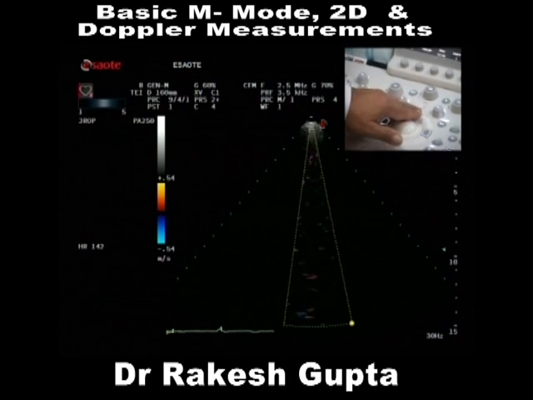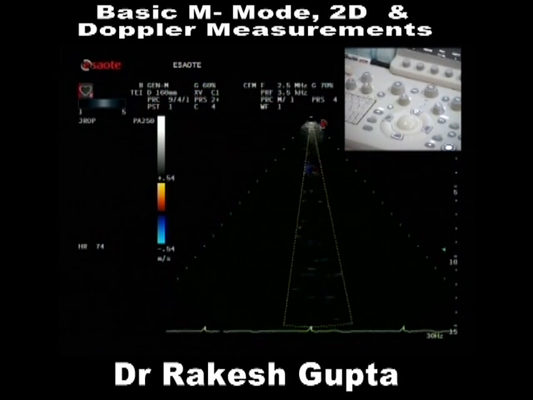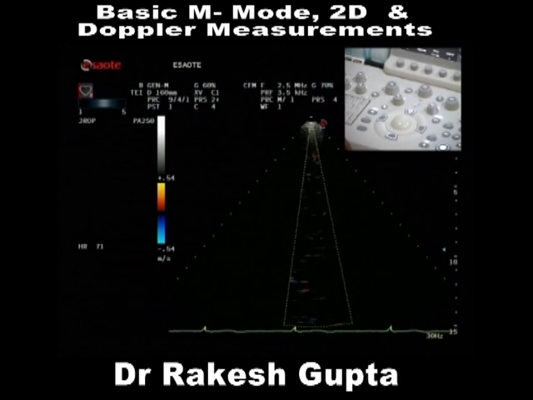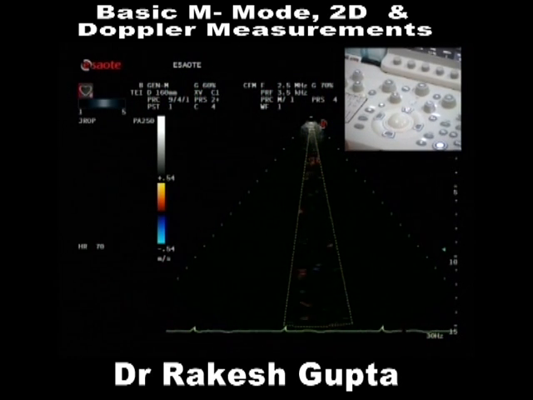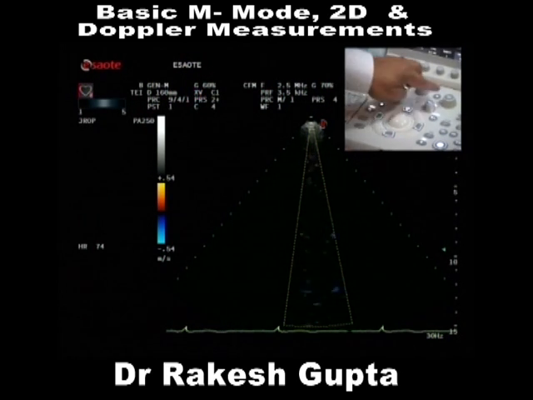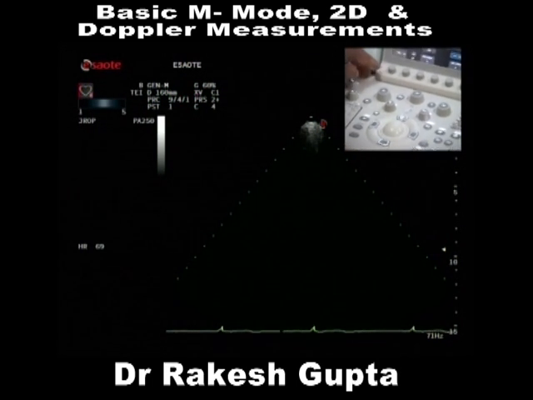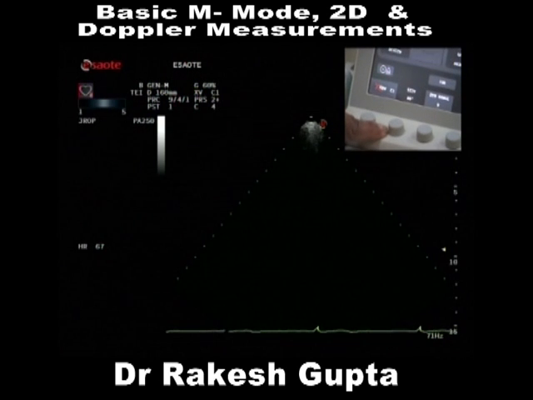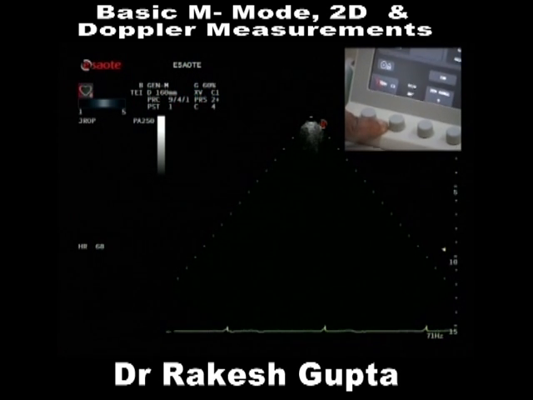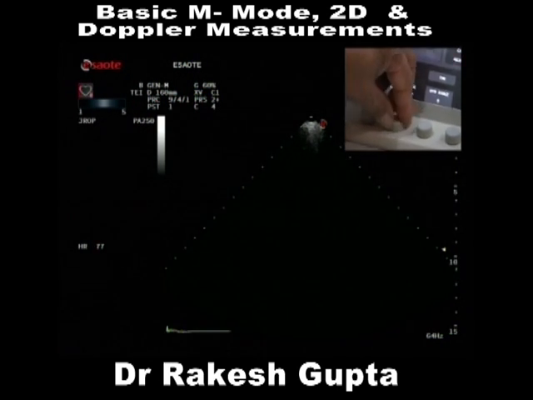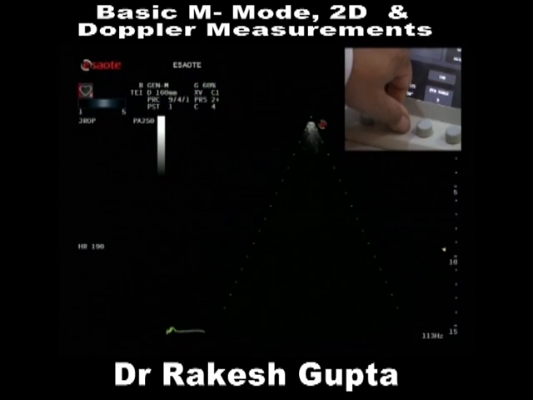And whatever you do, then press that button again. Now your question is, how can I increase or reduce this angle? Focus on the machine, this point. It says size. Now I am increasing the size, reducing the size.